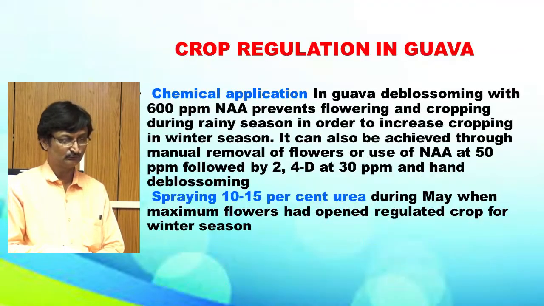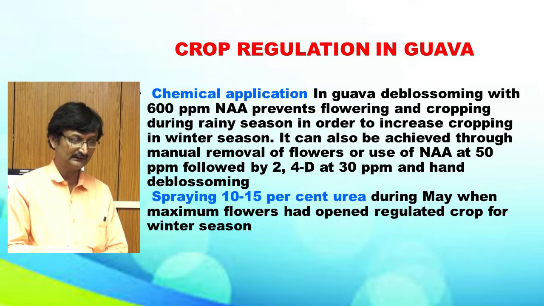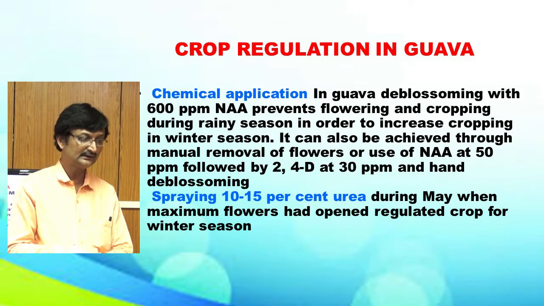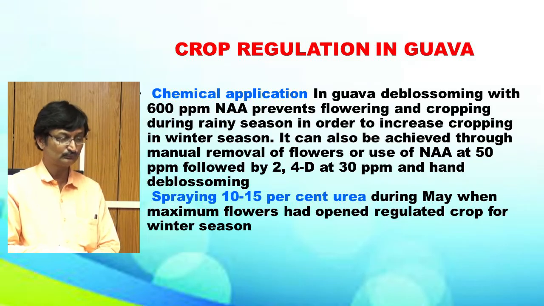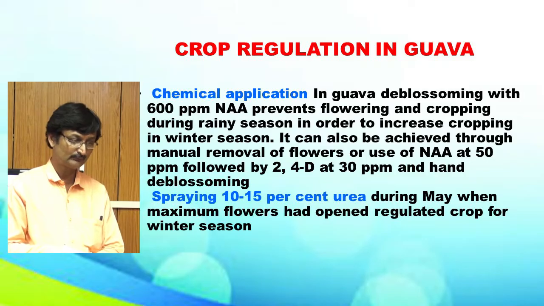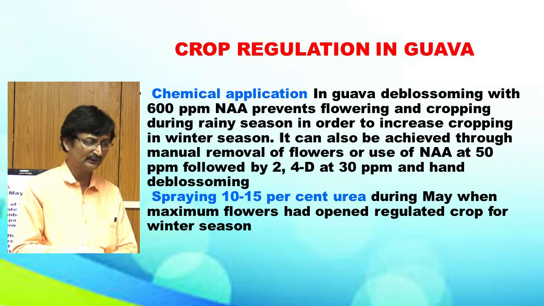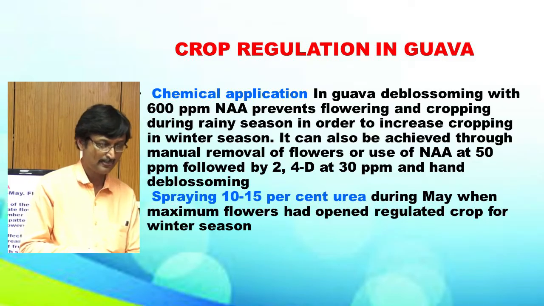Chemical application in guava, de-blossoming with 600 ppm naphthalene acetic acid prevents flowering and cropping during rainy season. In order to increase cropping in winter season, it can also be achieved through manual removal of flowers or use of NAA at 50 ppm followed by 2,4-D at 30 ppm and hand deblossoming.